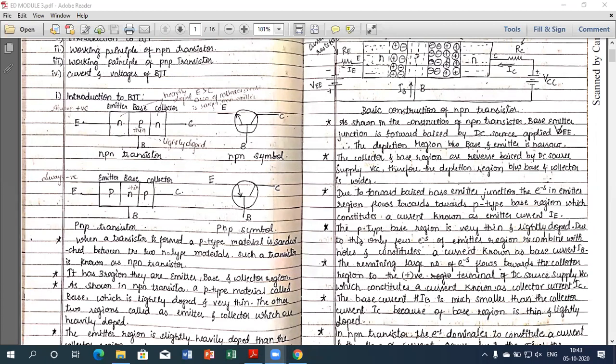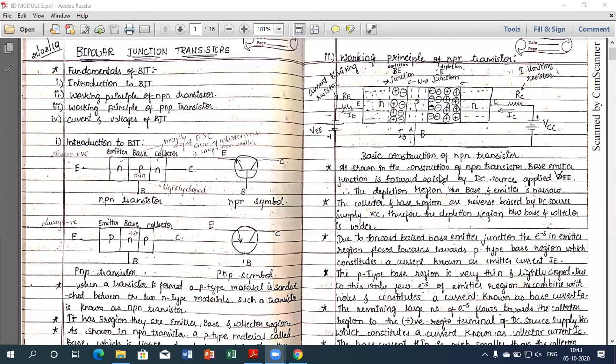After this, we have discussed the three currents. They are called IE, that is emitter current, IC, that is collector current, and IB, that is base current. Then we have discussed the working principle of the NPN transistor, and how it works.